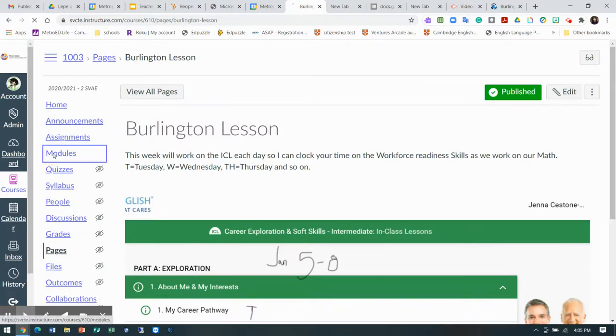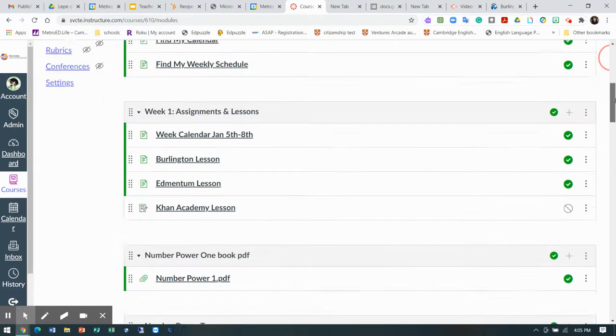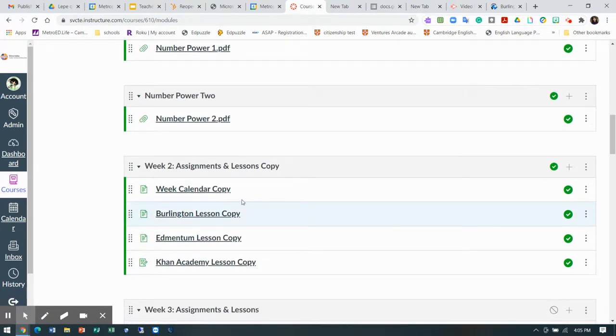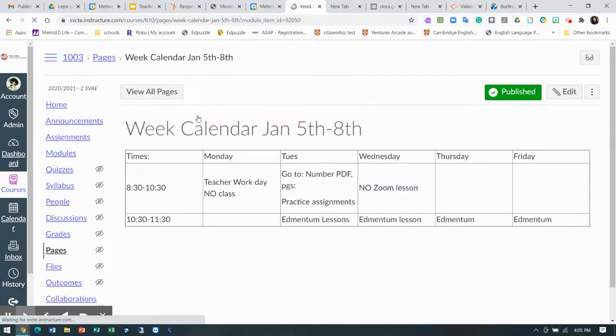Okay, so then the next thing I want to do is go into my Edmentum lesson, right? So when I look at my weeks, it's really easy as a student to see what I need to do, really easy. So I have to make sure that I put it on my class here, my workforce readiness lesson, okay?